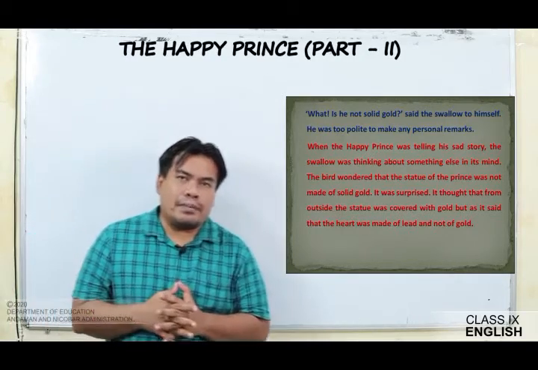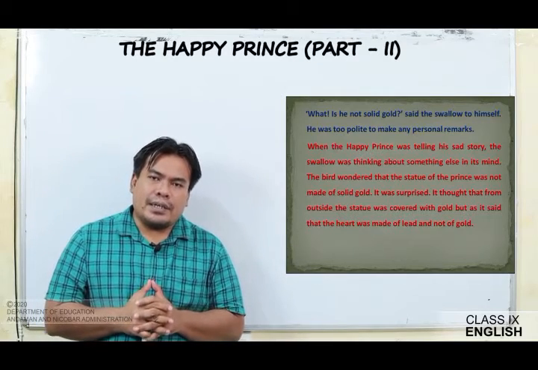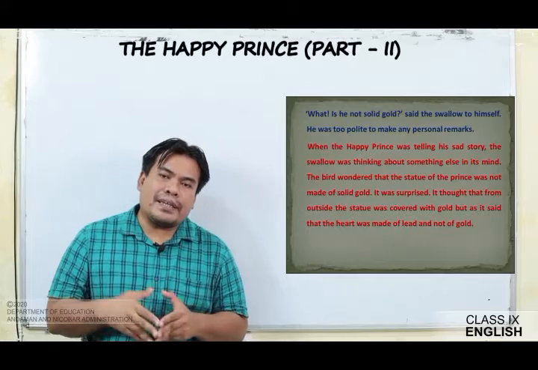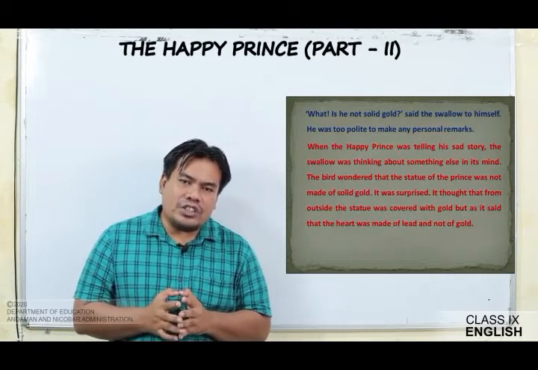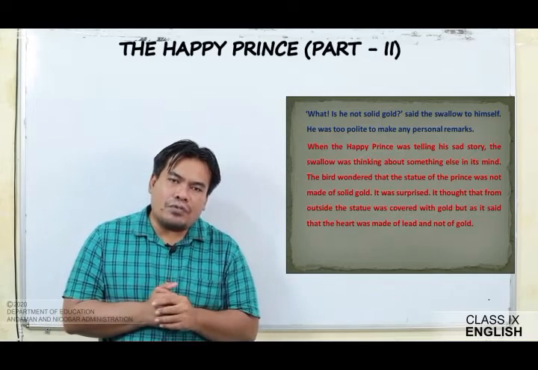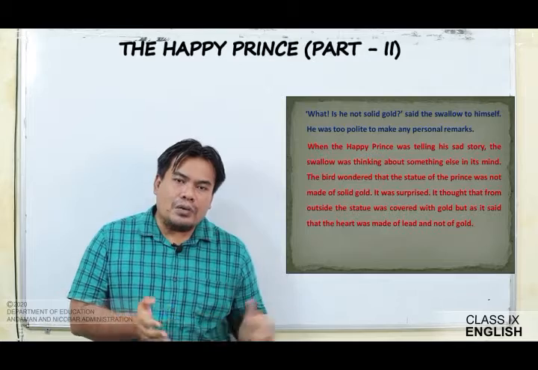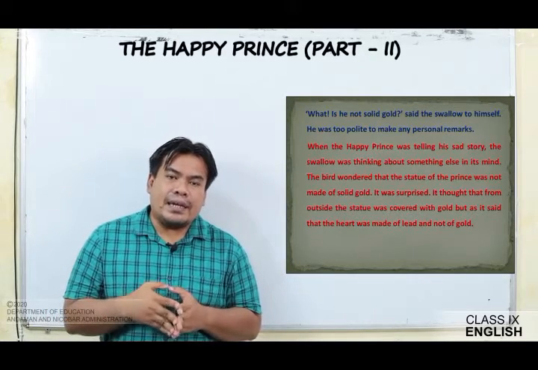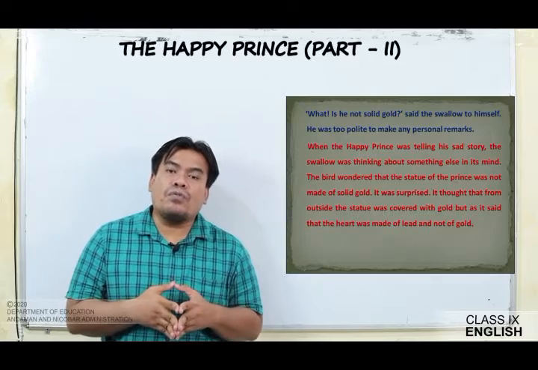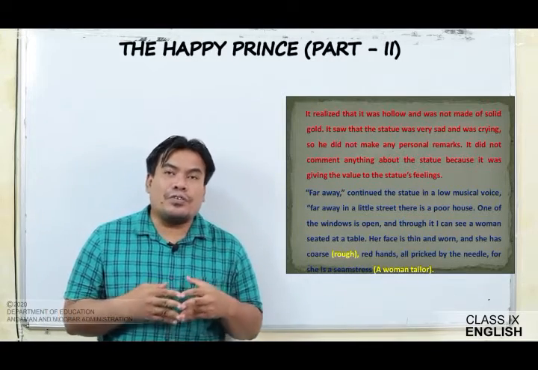Let's see the explanation. When the happy prince was telling his sad story, the swallow was thinking about something else in his mind. The bird wondered that the statue of the prince was not made of solid gold. It was surprised. It thought that from outside the statue was covered with gold, but as it said that the heart was made of lead and not of gold, it realized that it was hollow and was not made of solid gold.